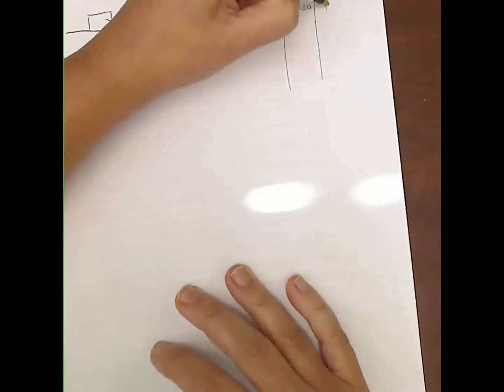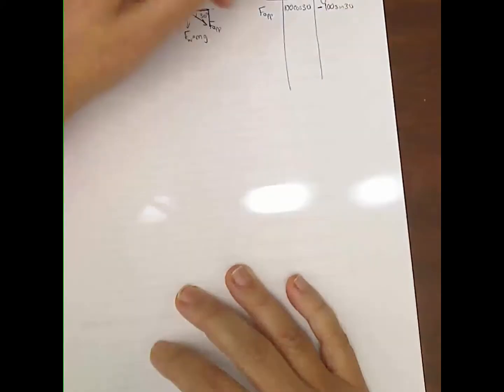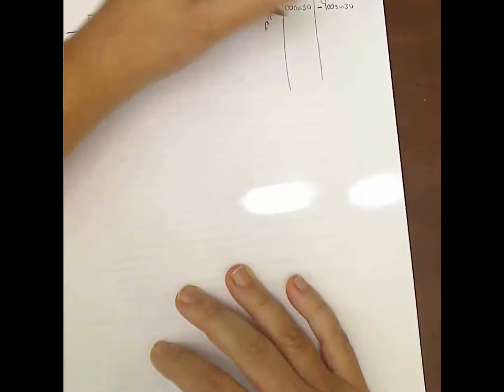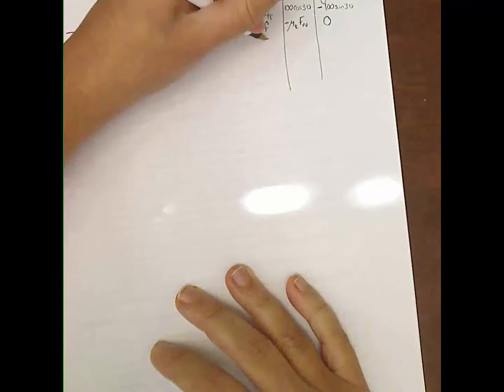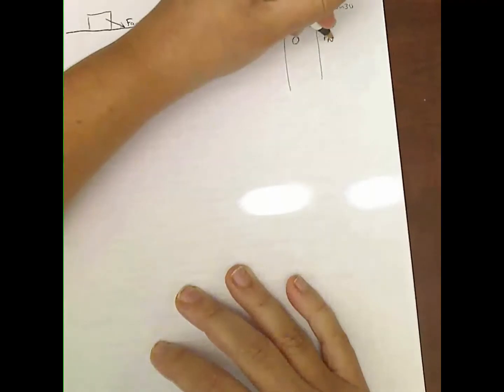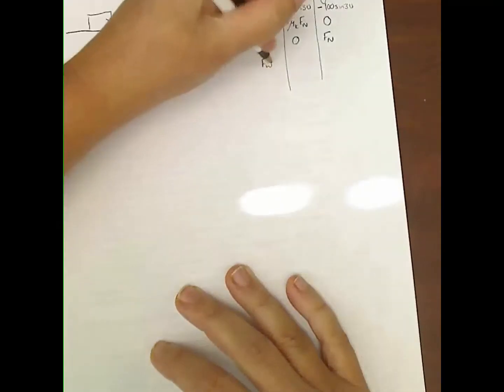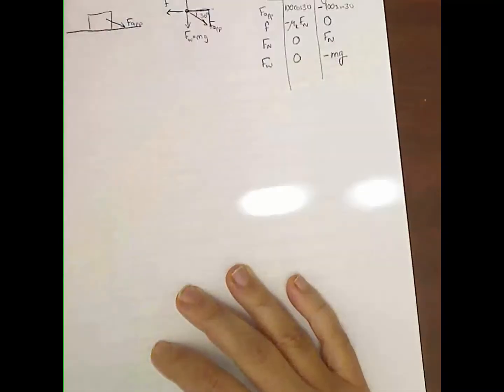The y component is 100 sine of 30, and it's negative because it's downwards. I've got my frictional force is minus mu times the normal force. Again, no y component. Normal force, 0 x component, all y. And the weight, 0 x component and minus mg in the y direction. Alright, so our table looks slightly different, but we do the same thing.